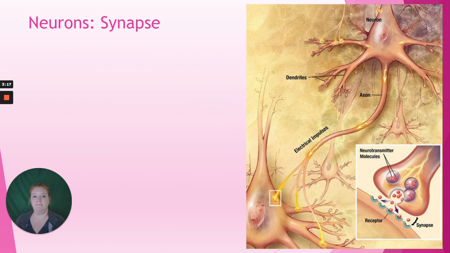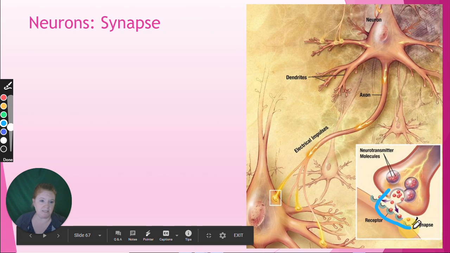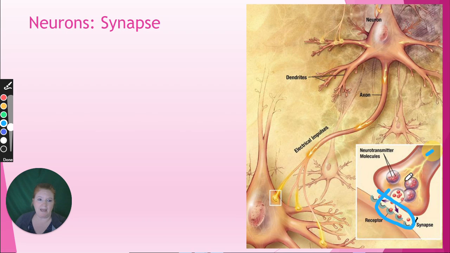Okay. So what is a synapse? Remember we talked about it. It's right here. Here's another example of it. It's that space between the axon of one nerve or neuron and the dendrite of the next one. So in order for the signal to be transmitted, it has to cross the synapse.